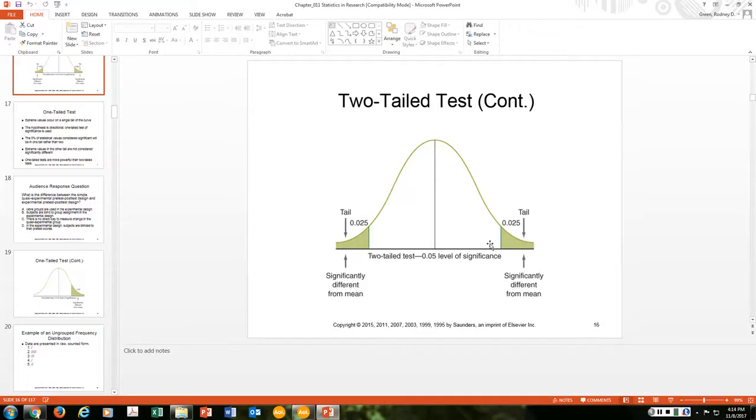These are the tails, the green area. If you have a score here or here, it means that it's different from 95% of the population.